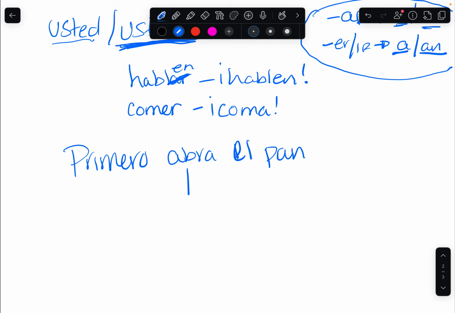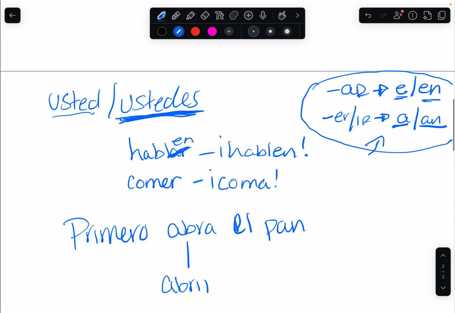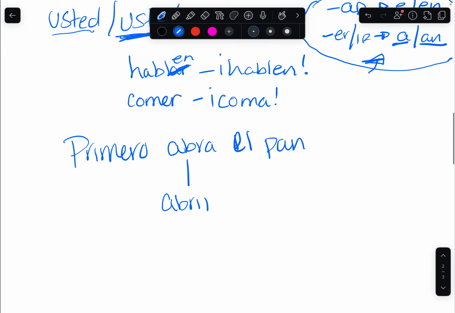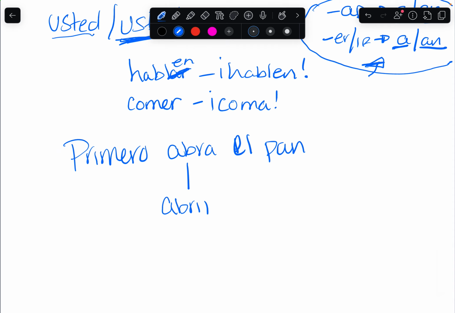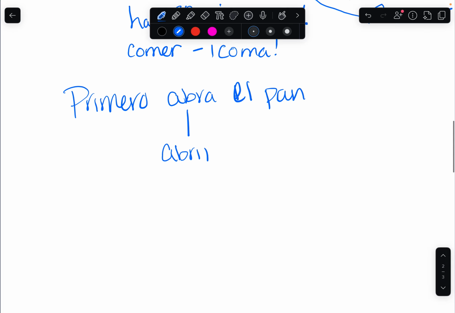Abra comes from abrir. I drop the IR and add the A according to this. I would say, abra el pan, open the bread, right? And then you go on like that.